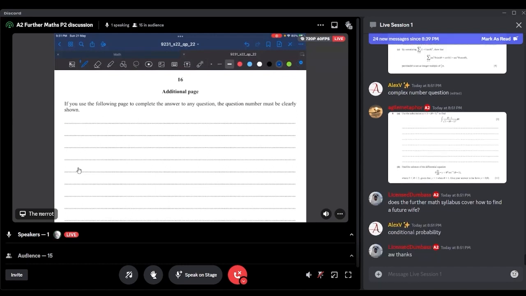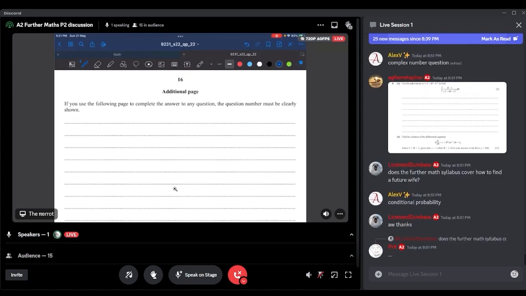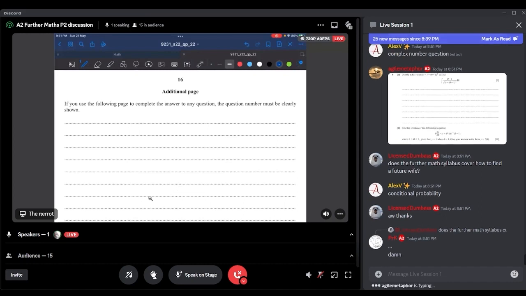Okay, so let's do that question now. Right, I hope everybody's also seeing the question. State the sum of the series from 1 plus w squared up to w to the n minus 1, where w is not 1.